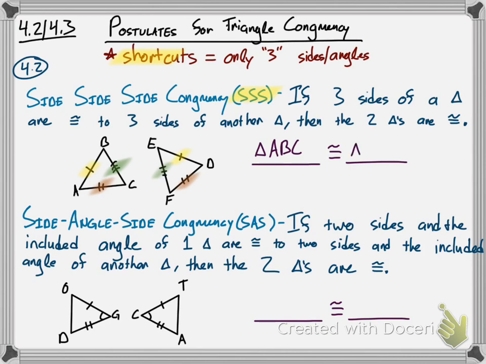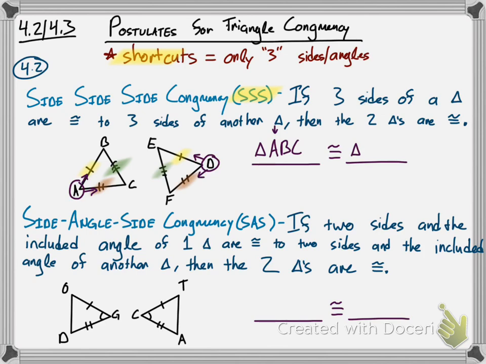The order of the second triangle must match the first. So for example, A is between the sides of 1 tick mark and 2 tick marks. So the corresponding angle there would be D. It is also between the 1 tick mark and 2 tick mark sides.